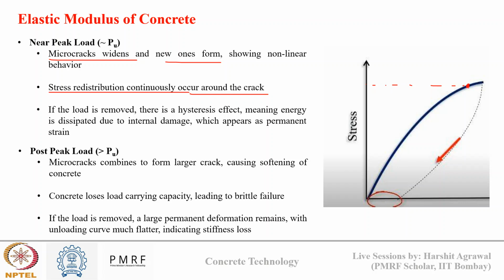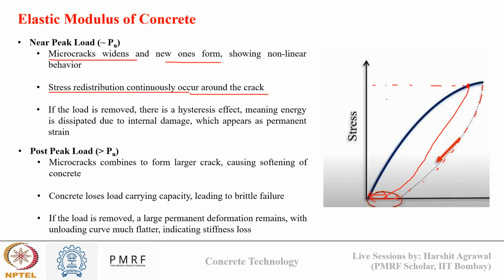At this point, if I remove the load, I will see a hysteresis effect, meaning that some energy is dissipated in internal damage which can't be recovered, and some permanent strain is left in the concrete. This is the permanent strain left because energy is lost in the cracking of concrete, which can't be recovered.